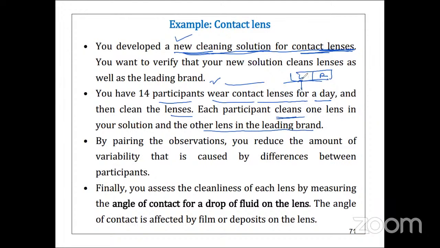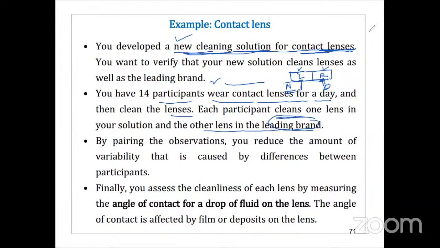The left eye lens is cleaned with the new cleaning solution, and this one is cleaned with the old, the leading brand solution. So this is a pair. This experiment is done on one individual for the left eye and right eye using a different cleaning solution. So this is paired observation. That's why it is known as paired t-test, and here the amount of variability is reduced.